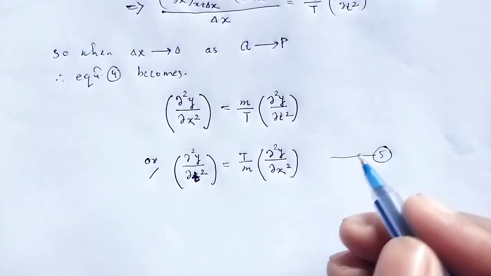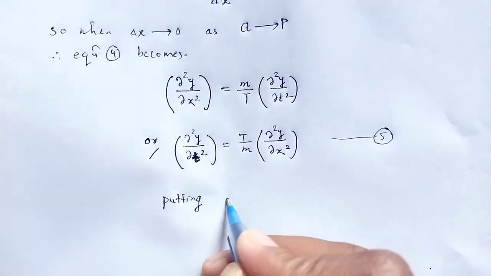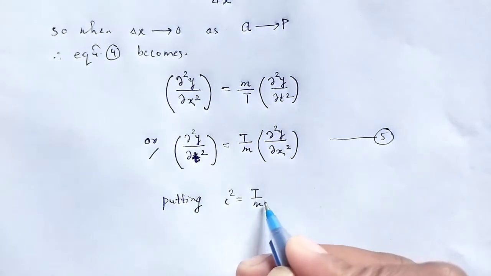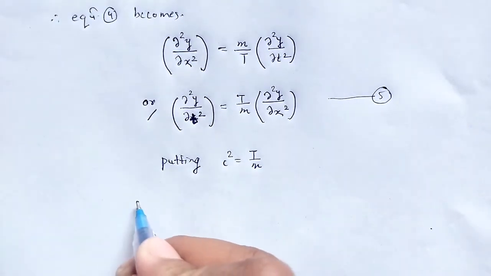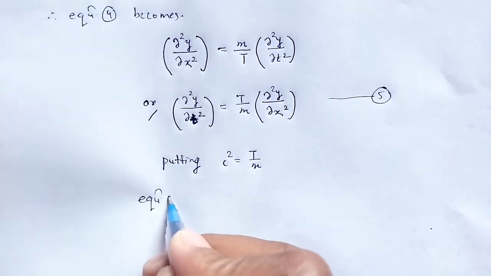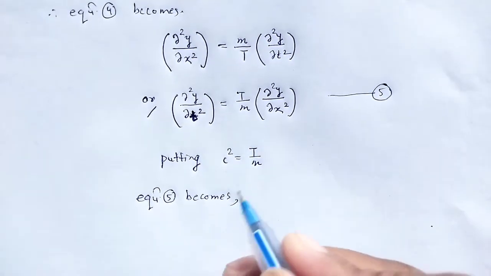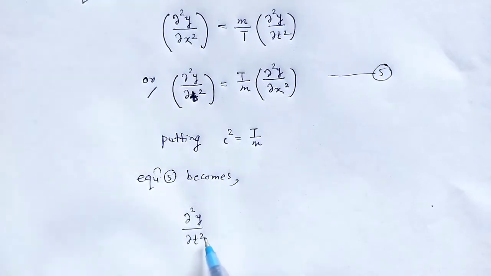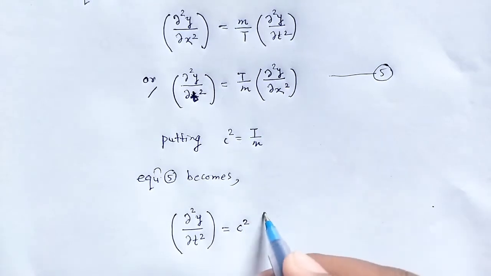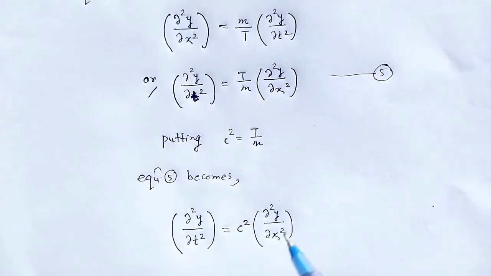Now putting c square equal to T by m, equation 5 becomes del 2y by del t2 is equal to c square del 2y by del x2.